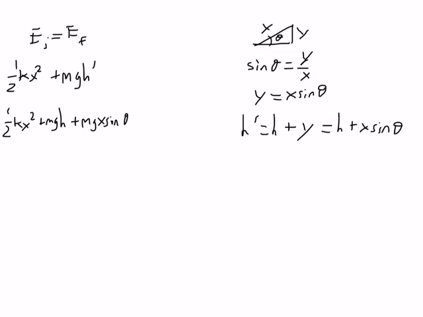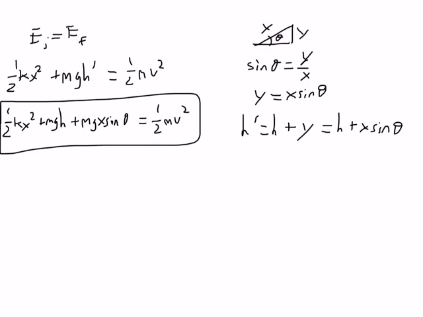So that's our initial energy. Our final energy, however, does not change. It's at that photo gate's position, where we've defined the gravitational potential energy to be 0, and the spring is unstretched. So we just have 1/2 mv squared. And so this right here is the answer to D part 1.